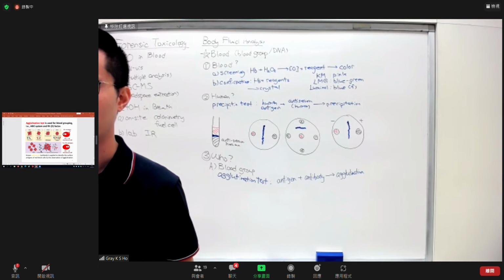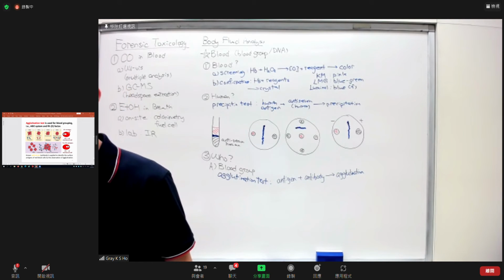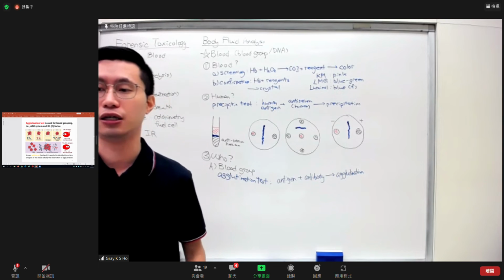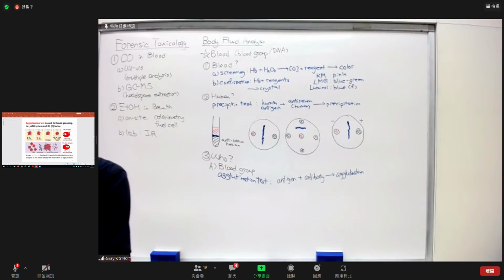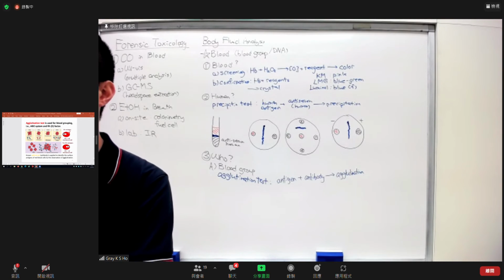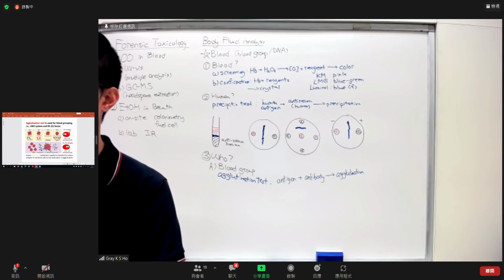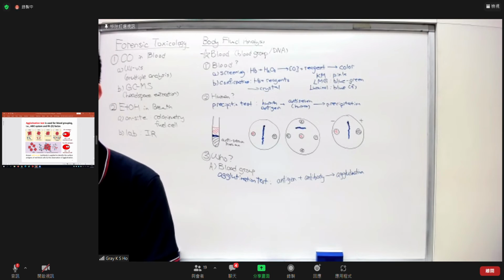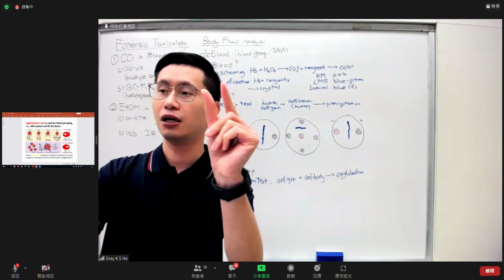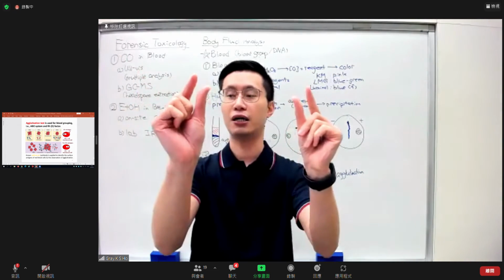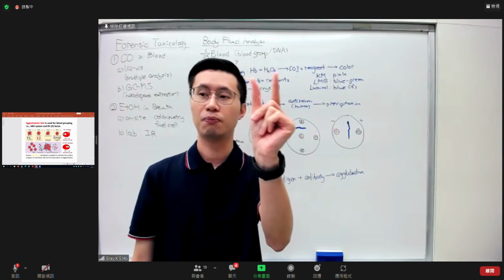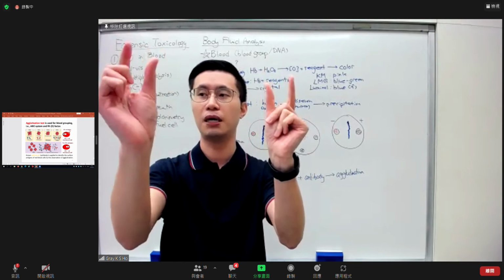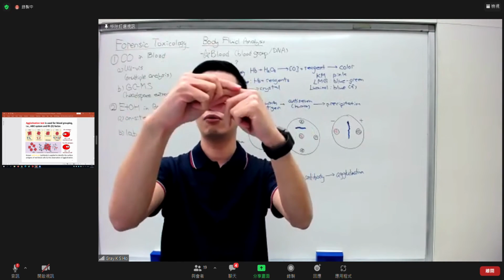So if you are adding in some antibody, and it matches the antigen, let's say you add in the antibody A into the blood sample. If the blood sample is blood group A, it contains the antigen A, and the antigen A and antibody A meet with each other and combine. If you have the antigen B, then you have the antibody B. If they match, then they will combine.